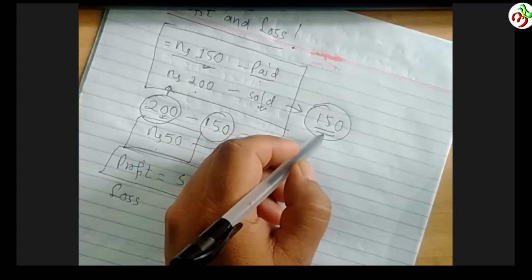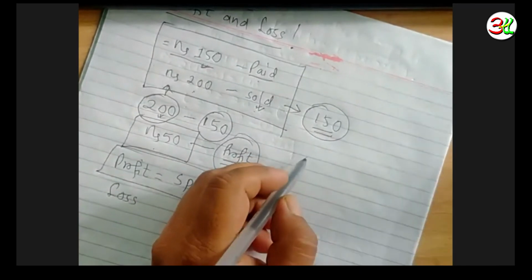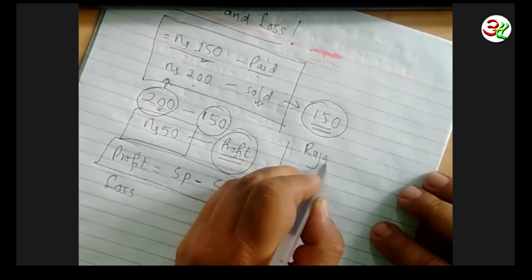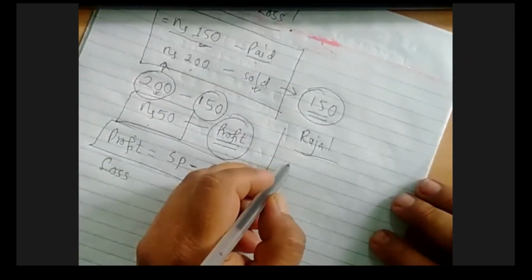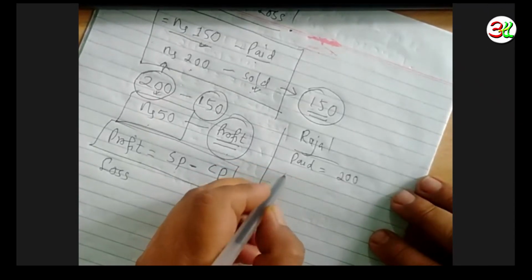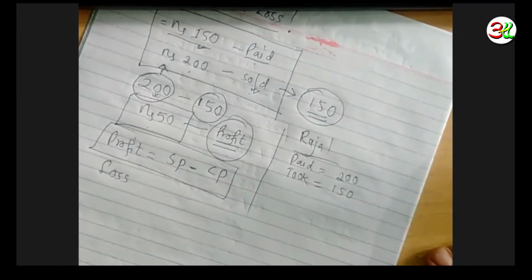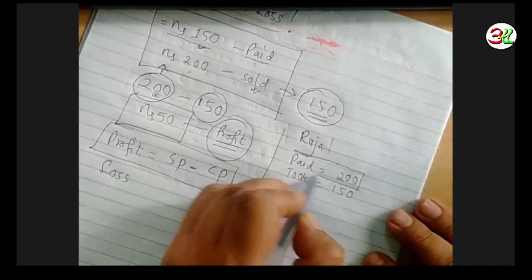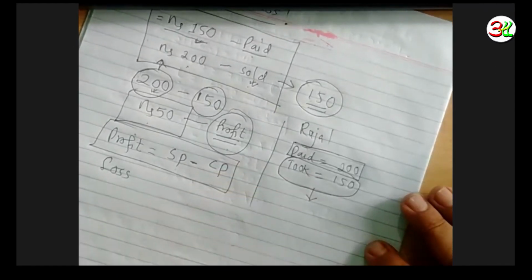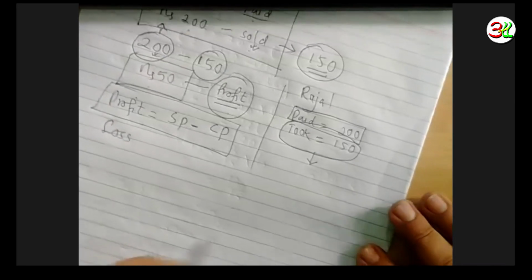Then Ayusha was very happy. Okay, then what happened for Razal? Loss, obviously. Razal paid 200 to Anita, and took only 150 from Ayusha. He paid 200, he got 150. Obviously loss.